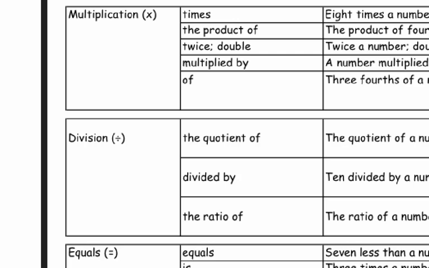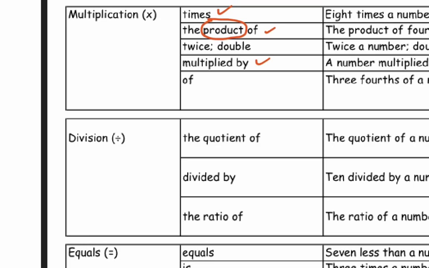Okay, the next operation is multiplication. And of course, everybody says times. The true mathematical term for multiplication is product. So we're going to circle this. And another way to say multiplication by 2 is like twice or double. And then of course 3 would be triple. And everybody also says multiplied. It's very common.